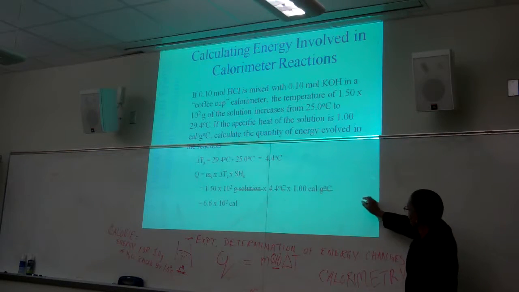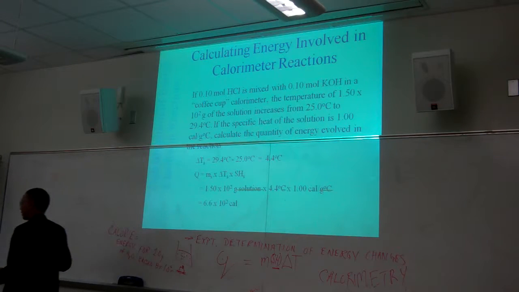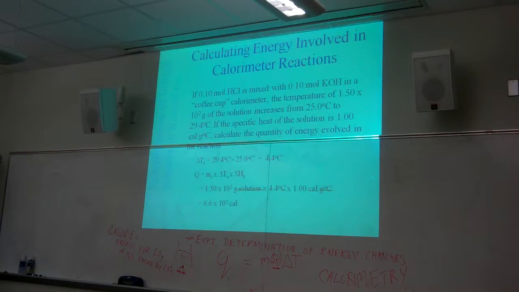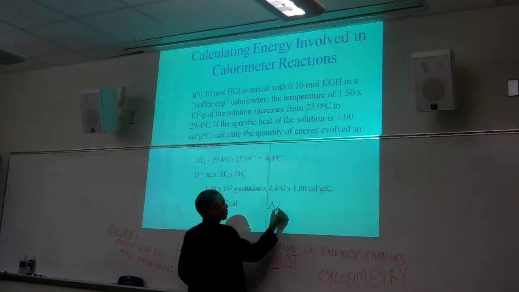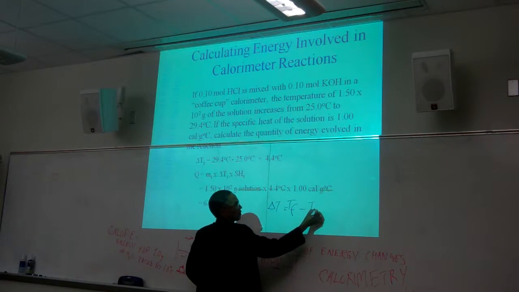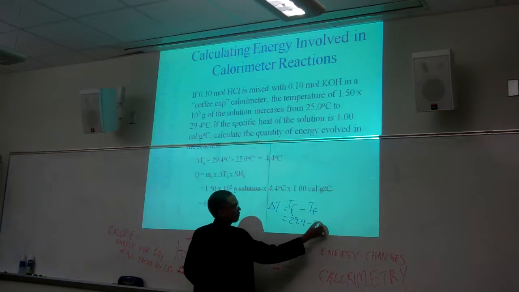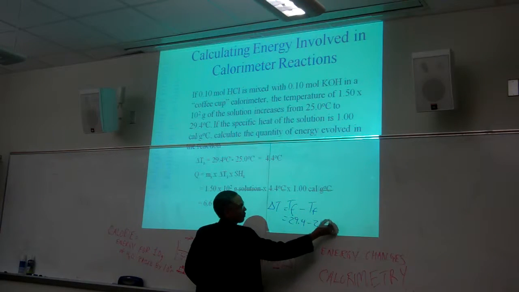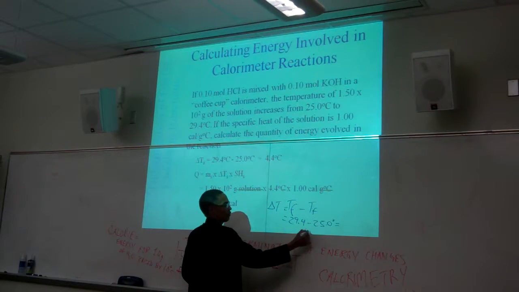Delta T is going to be, in this case, what is the final value? 29.4 minus initial. Okay, delta T is always equal to final minus initial. So this is 29.4 minus 25.0. That is 4.4.